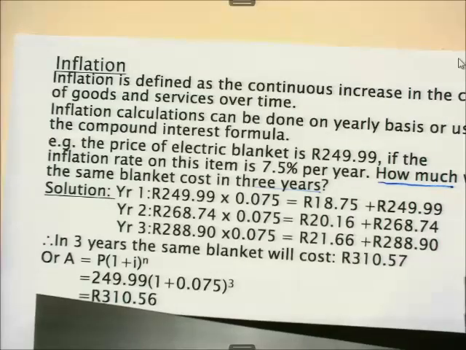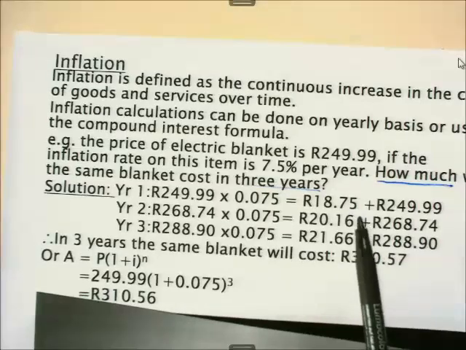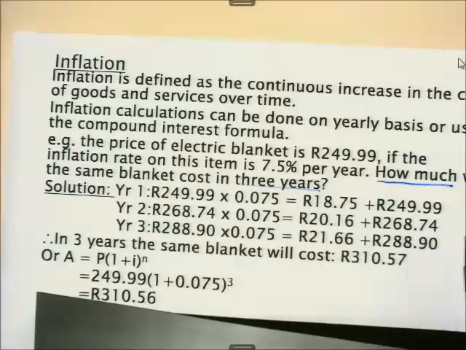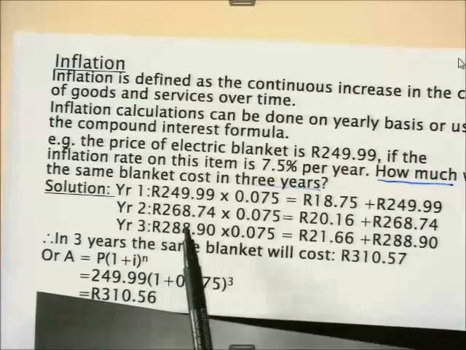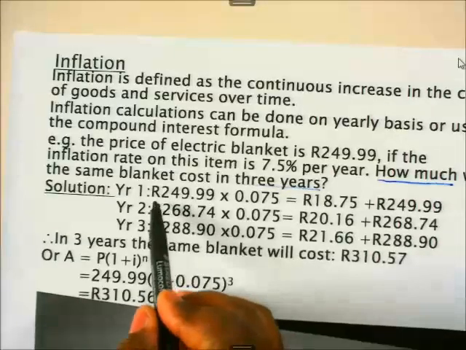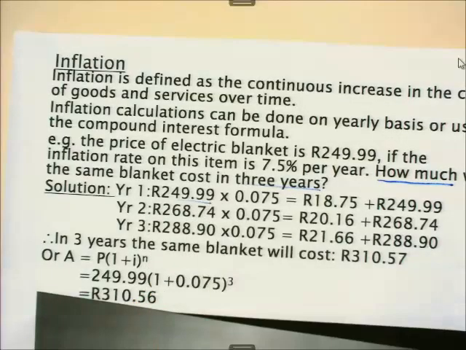Now, let's check the very same blanket, which is 249 rands 99 cents. How much will it be in 3 years? Year number 1, we've got the original price of this blanket, which is 249 rand 99 cents.